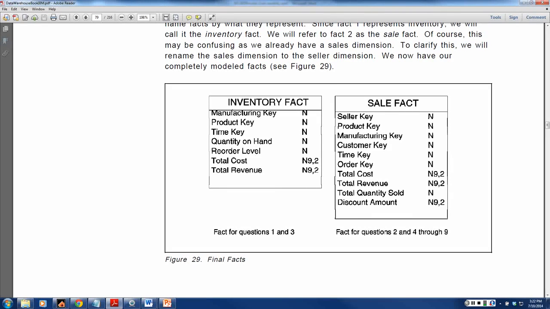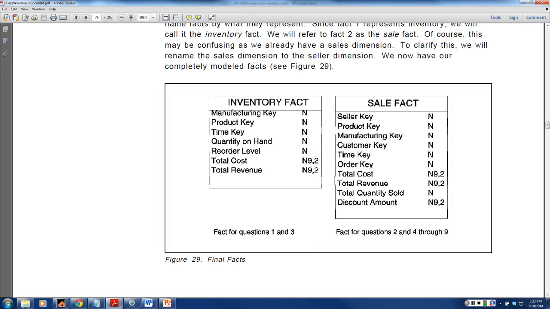Now, total cost, total revenue, why total? Because I said it has to be additive in nature, so they have to be aggregated. And cost, revenue, quantity sold, and amount, these are all numbers. Okay, and the dimensions that have been used are others, as you can see in the following figure.